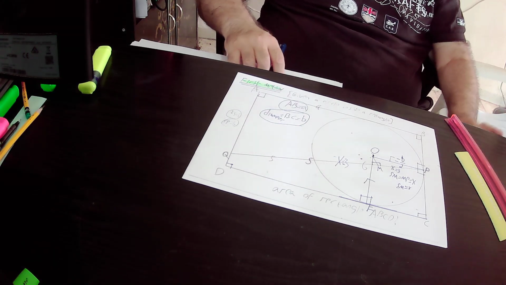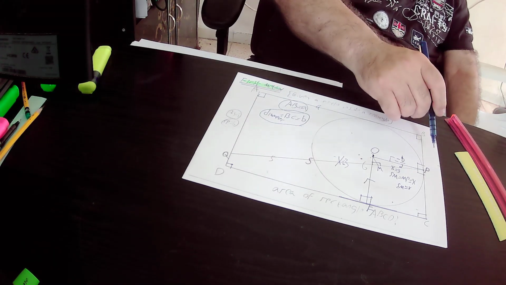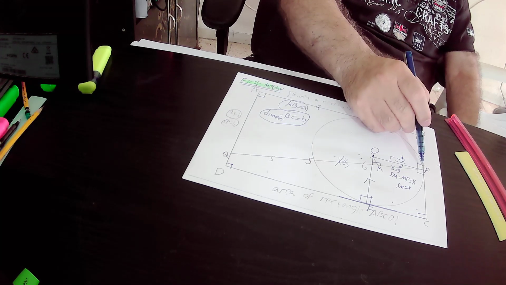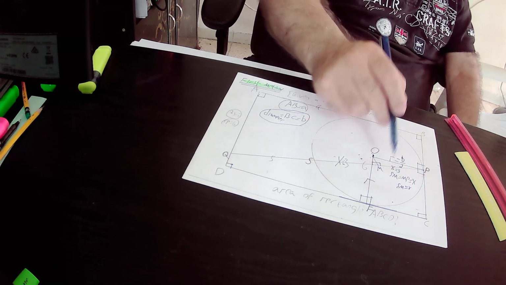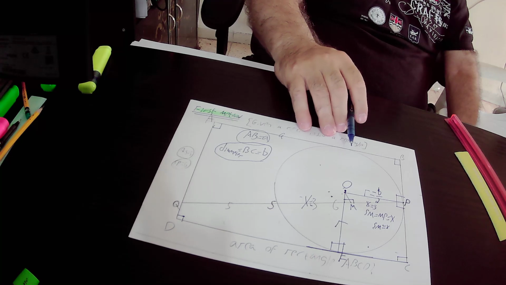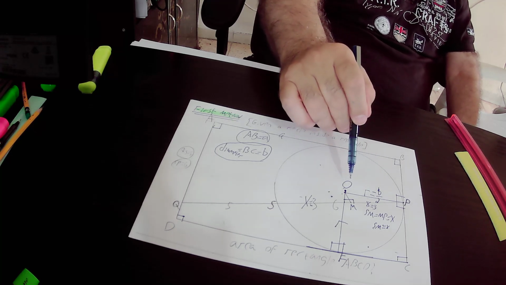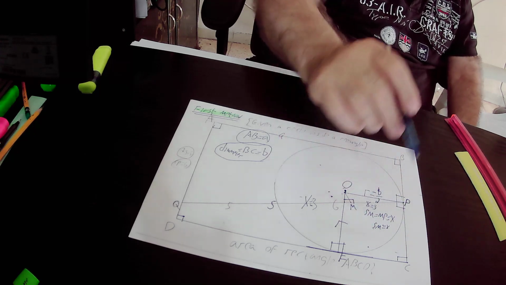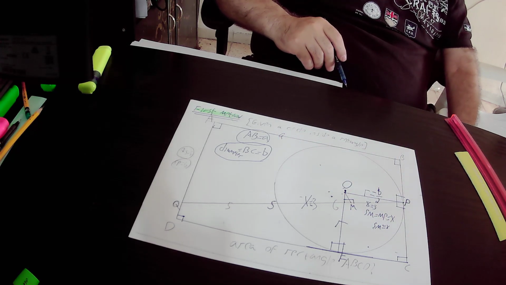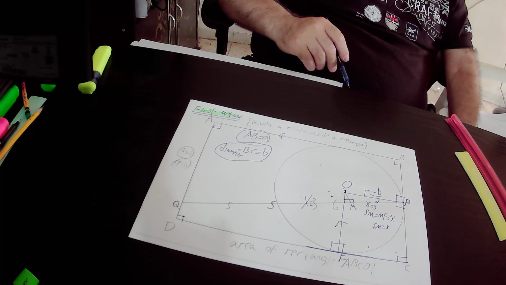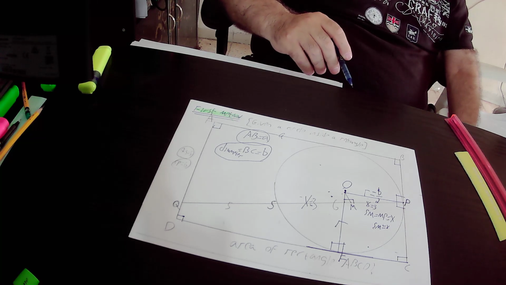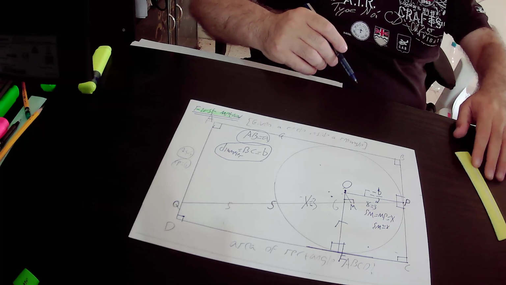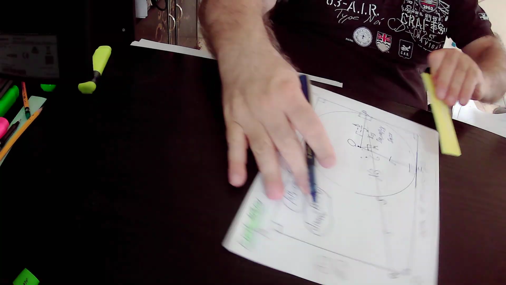Actually, we created here quadrilateral OPCF. In quadrilateral OPCF, we have 1, 2, 3 right angles. And whenever you have a quadrilateral with 3 right angles, the fourth angle must also be a right angle.